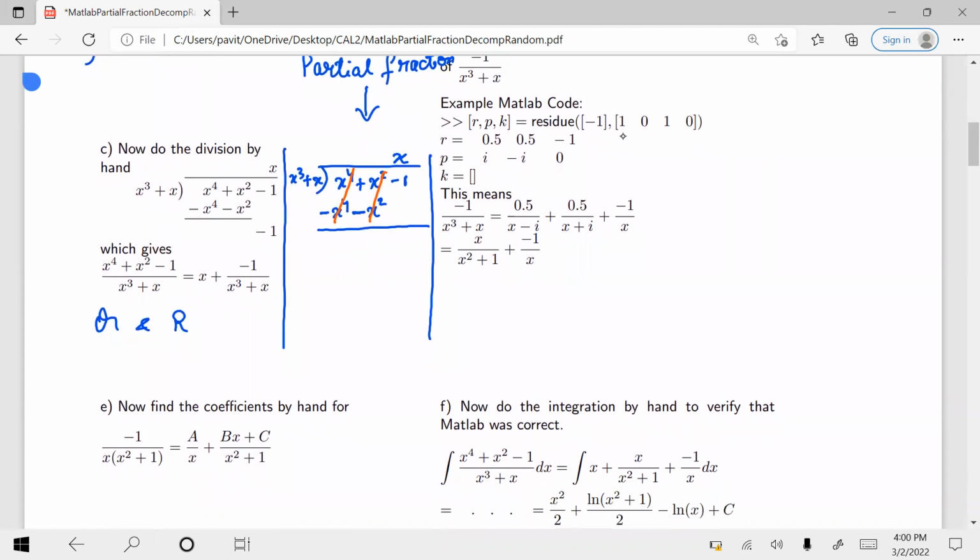Okay. Now, since we have canceled this, what is the only thing that is left out? Can anybody tell me what I should be writing in the remainder term? So I have cancelled x to the power of 4. I have also cancelled x squared by multiplying x to the denominator.